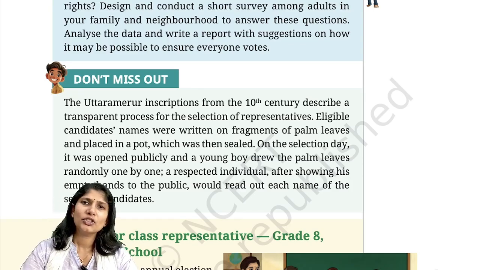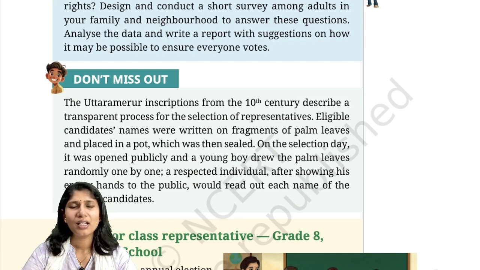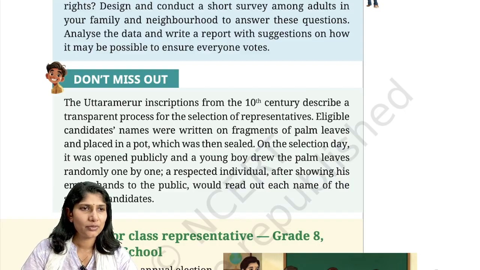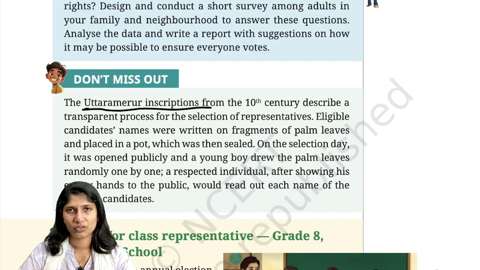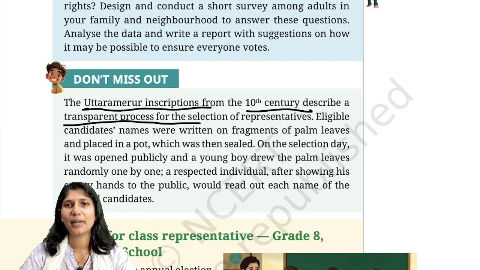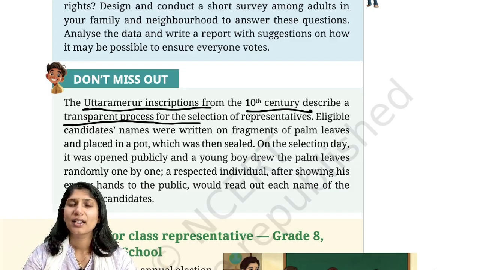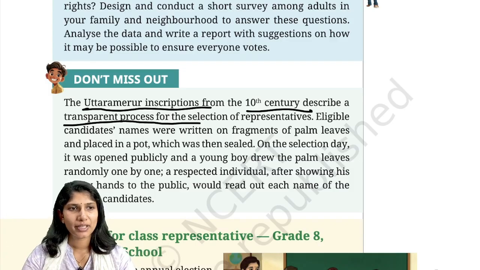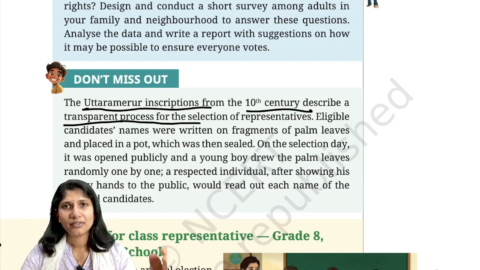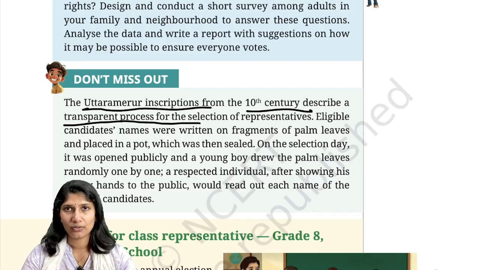Okay. Now, the concept of voting is not very new in India. We have had this since very long. For example, the Uttaramerur inscriptions, dating back to the 10th century, describe how elections were conducted in a transparent manner for elected representatives. Let's assume it this way. Everyone on the day of polling will bring, let's say, a palm leaf, write the name of the candidate, and drop it in a pot, and it will be sealed off.